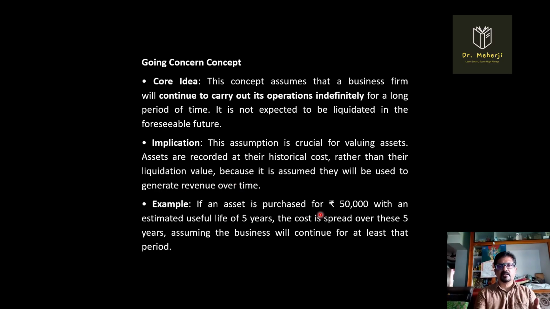So for instance, here we purchased an asset for 50,000 and estimate its life at 5 years. The cost we will spread over these 5 years, assuming the business will continue for at least that period. The machinery will collapse by the expiry of 5 years, but the business still will continue. It is the going concern concept.